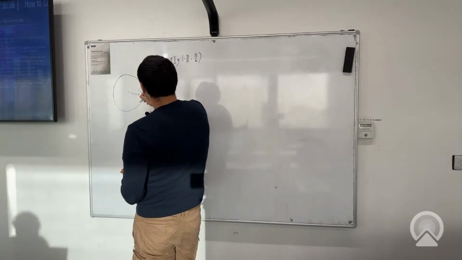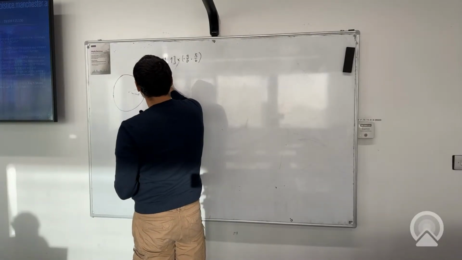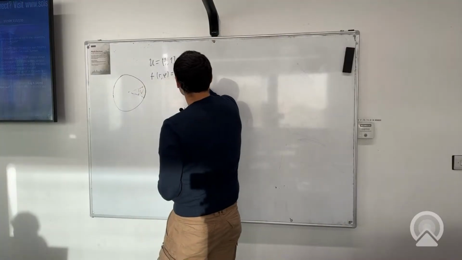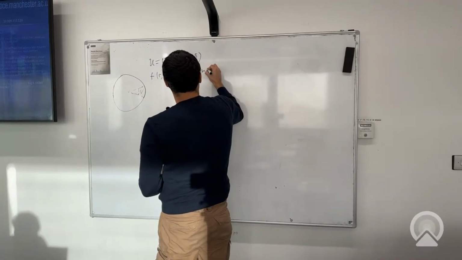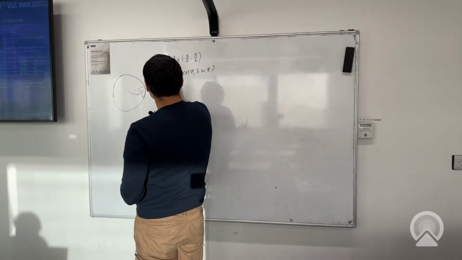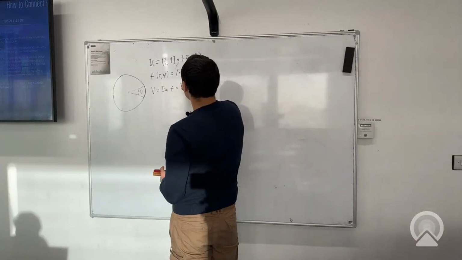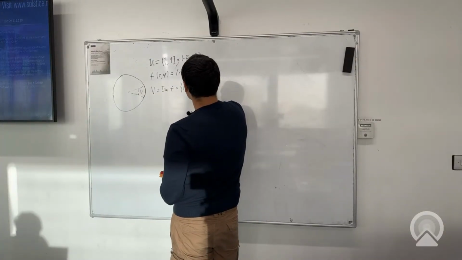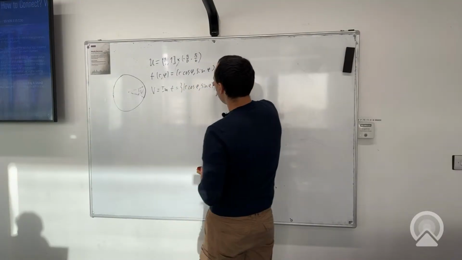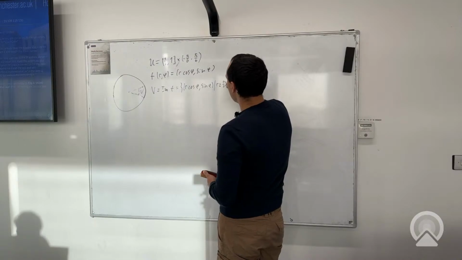And then V, I define F of r, phi to be r cosine phi, r sin phi. And I'll define V to be the image of F. So this is the set of points r cosine phi, r sin phi, where r is from 1/2 to 1.